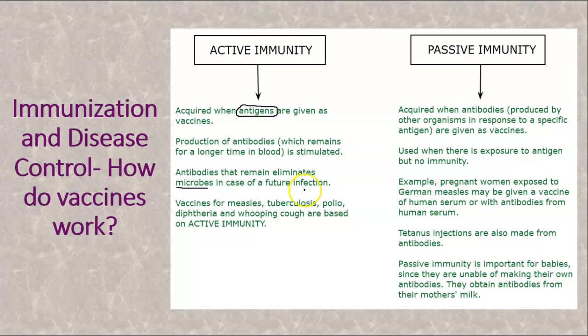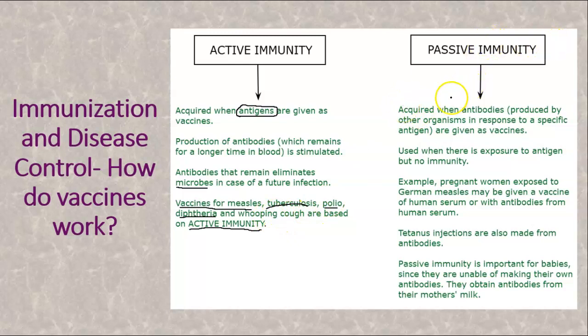So the vaccines for measles, tuberculosis, polio, diphtheria, and whooping cough are all based on the principle of active immunity. So keep that in mind.